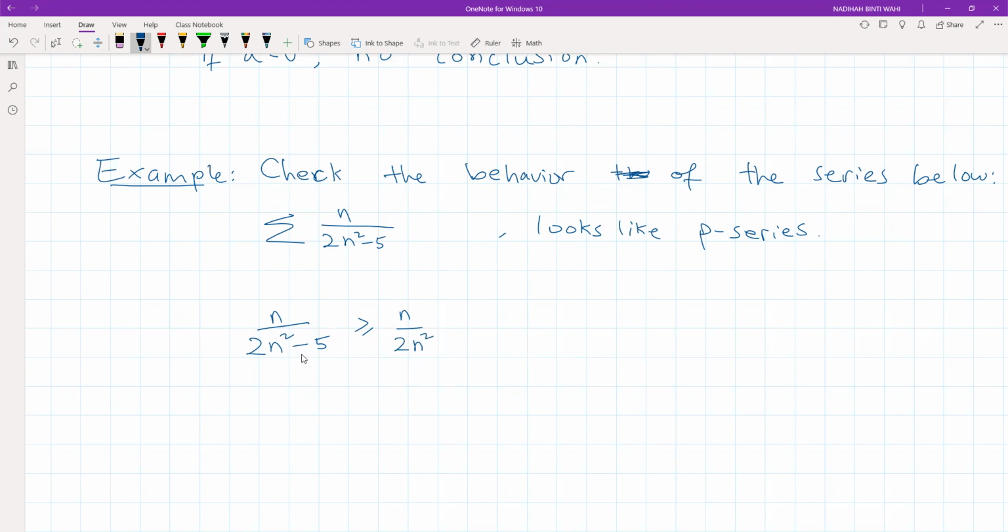Why is it bigger? Because this one has less 5 compared to that one, so the denominator is smaller than this one. If I cancel out n, this equals 1 over 2n.